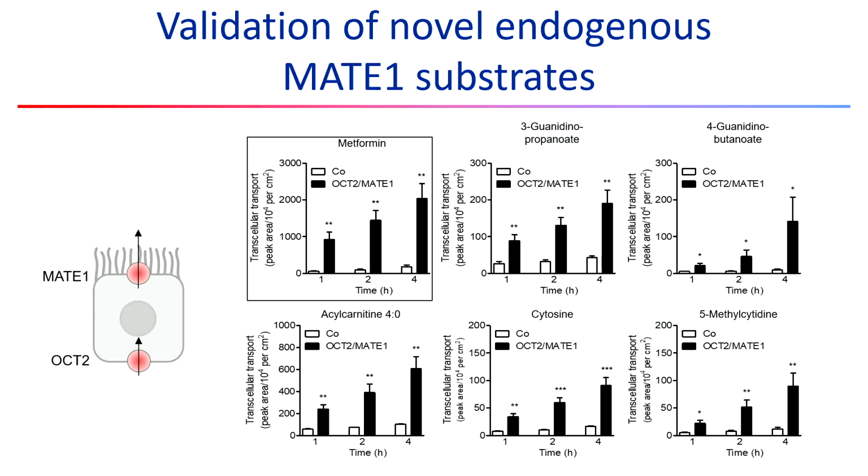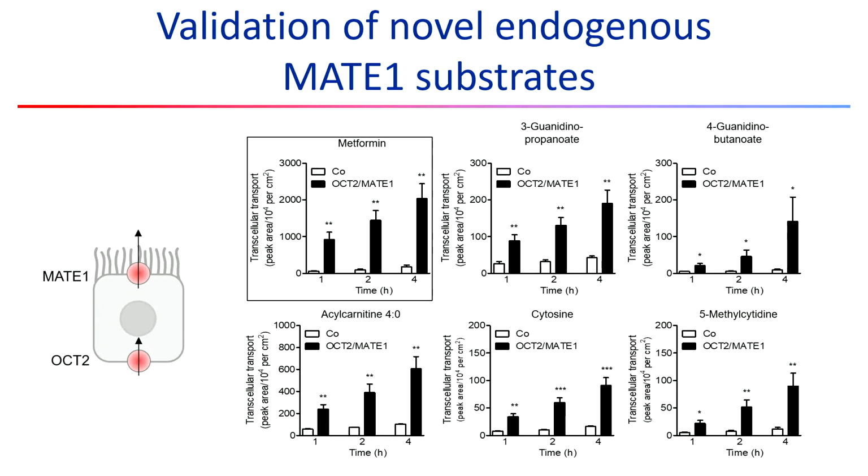And then we selected those compounds from different classes and looked whether they are indeed transported in vitro. And as I said, we used that transwell assay. So we added the compounds to the basolateral side and looked at what is coming out on the luminal side. And as a positive control, we used metformin, and we did see nice transcellular transport.